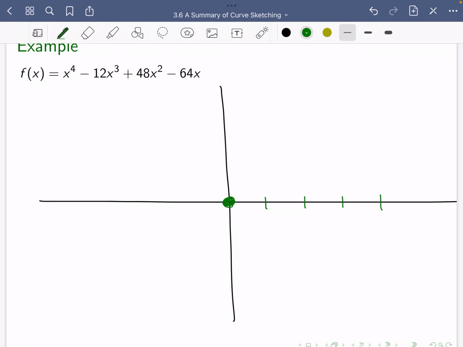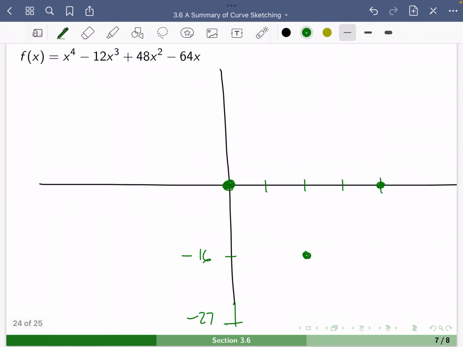We had an inflection point, a saddle point, at 4, 0. And an inflection point down here, somewhere further down at like negative 27.